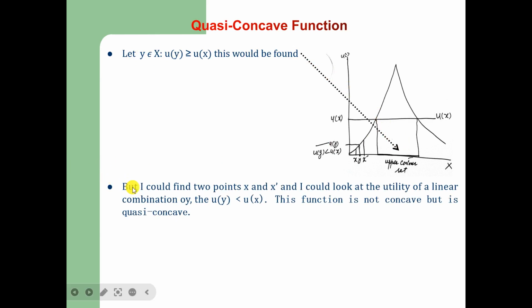But we may find any two points like x and x prime, and we could look at the utility of a linear combination of this, then u of y is less than u of x. So this function is not concave, but it is quasi-concave. So this is how quasi-concave looks like. It's not a regular concave function, but it is as if it is a concave function. So quasi means somewhat like concave or as if concave.